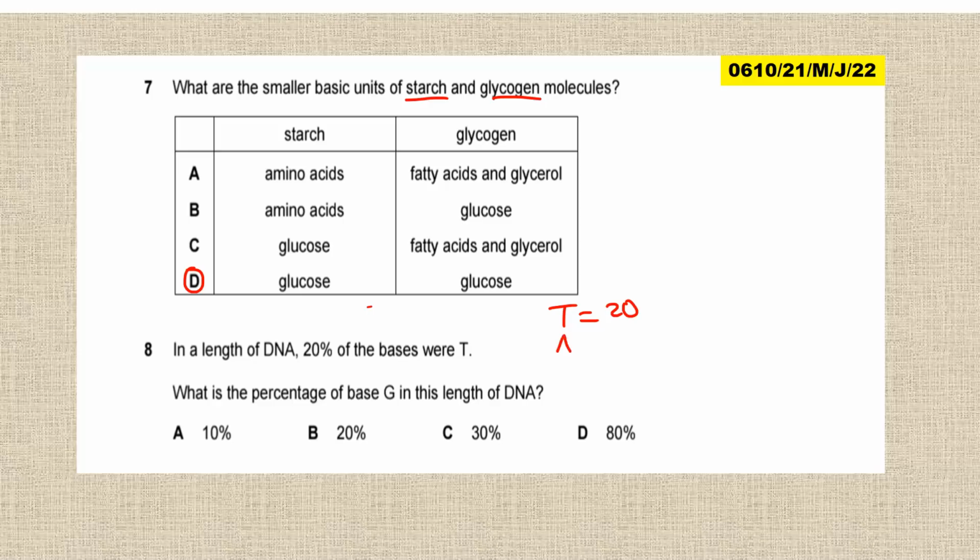Now T pairs with A. It means that A is also 20% because these need to be in equal proportion. What is the percentage of G? G and C share the percentage that remains. So this is 40% out of 100. What remains is 60%. Now 60 divided by 2 is 30%, and also this is 30%. So the answer is 30%.